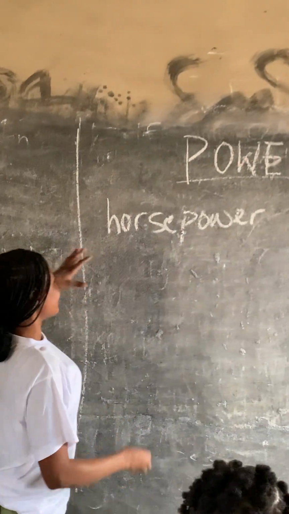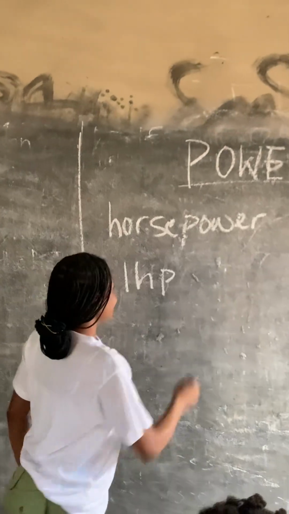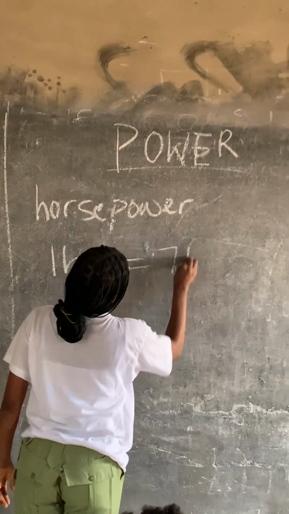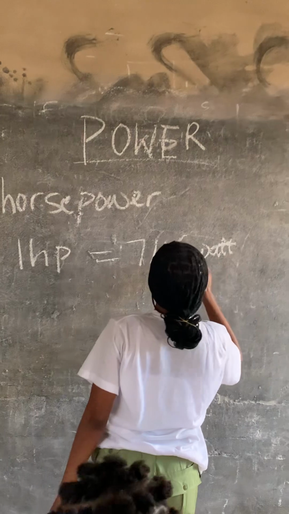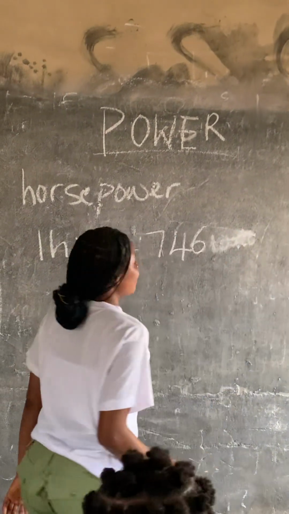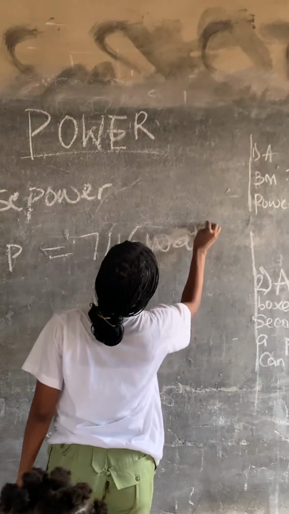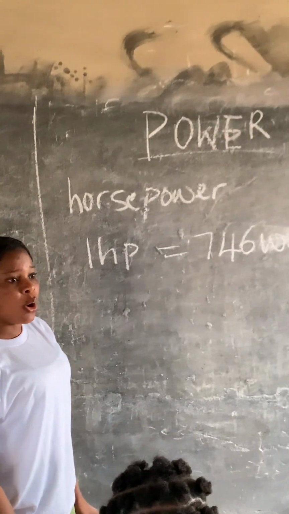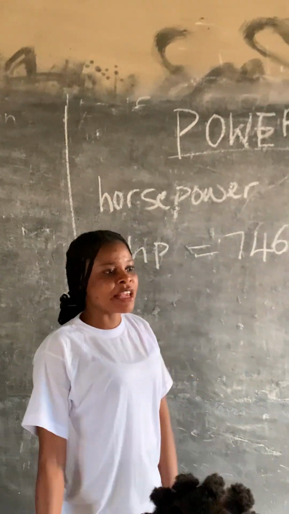We said 1 horsepower, that's HP, is equal to 746 watts. So now these are the relationships and the SI units for power.